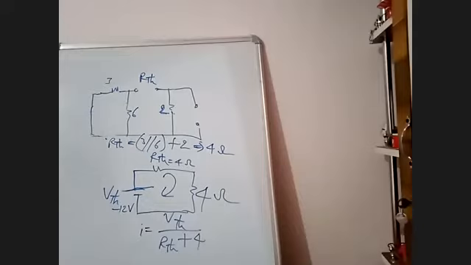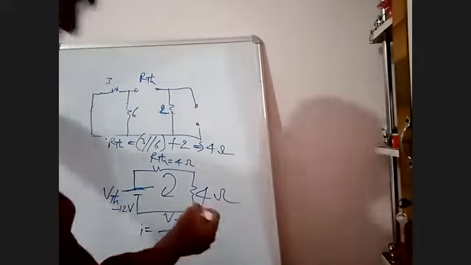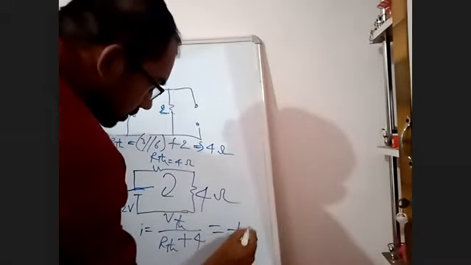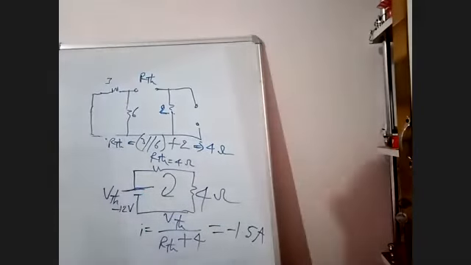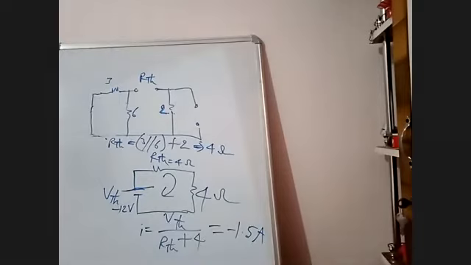And the resistance you have removed will be connected in series with VTH and RTH. You will get minus 1.5 ampere. Okay, this is your answer. In this, we determined the current by using Thevenin's theorem.